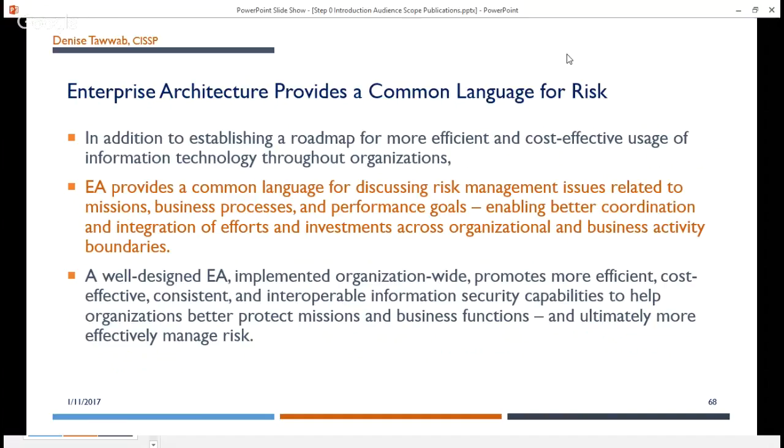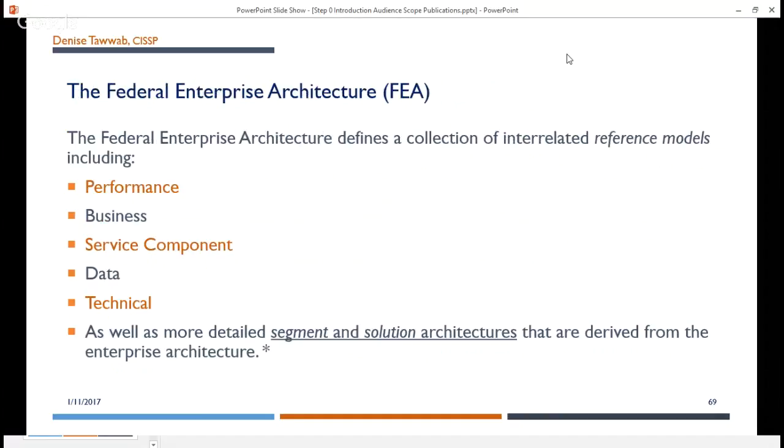A well-designed enterprise architecture, and there's a whole federal publication on that, there are college courses that are taught on just enterprise architecture. A well-designed enterprise architecture that's implemented organization-wide promotes more efficient, cost-effective, consistent, and interoperable information security capabilities to help your organization better protect missions and business functions, and ultimately more effectively manage risk.